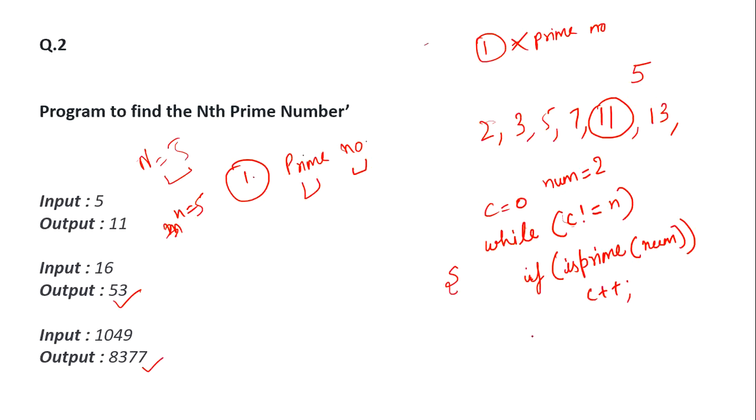Okay, and here in the loop itself we will also check that if c not equal to the given range, that is n, then we will keep incrementing the value of num, and this is how it will go, right? So you can see that this is also a kind of easy problem. The only thing they want to check is whether you are clear with the approach of prime numbers or not.